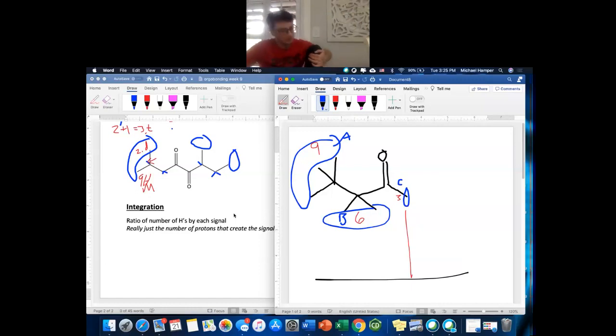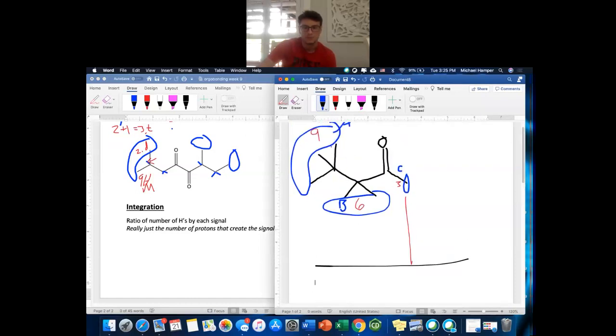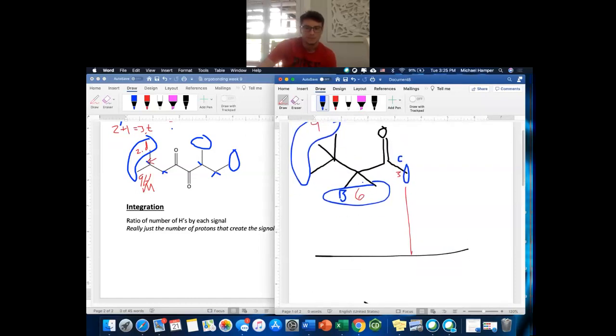So because the integration is just the ratio among them, relative to each other, in turn it corresponds to the height of the peak. Like this example, 9 divided by 6 is 1.5.